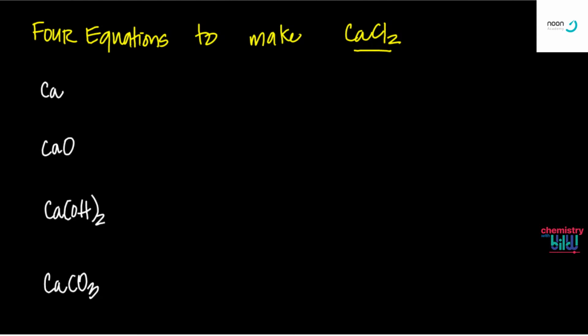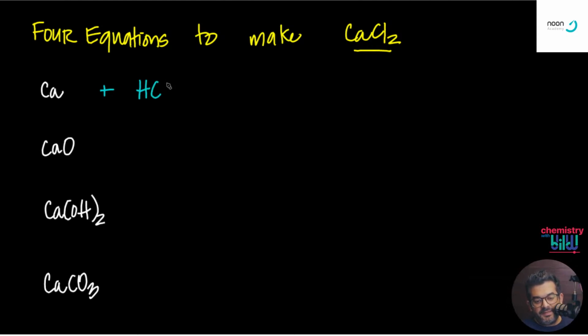Now let's take a different approach. Which acid would you need? Absolutely. You need HCl to make calcium chloride plus hydrogen gas.